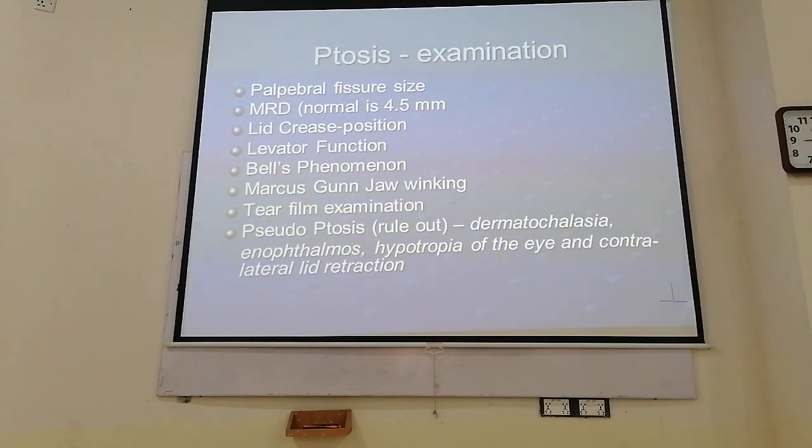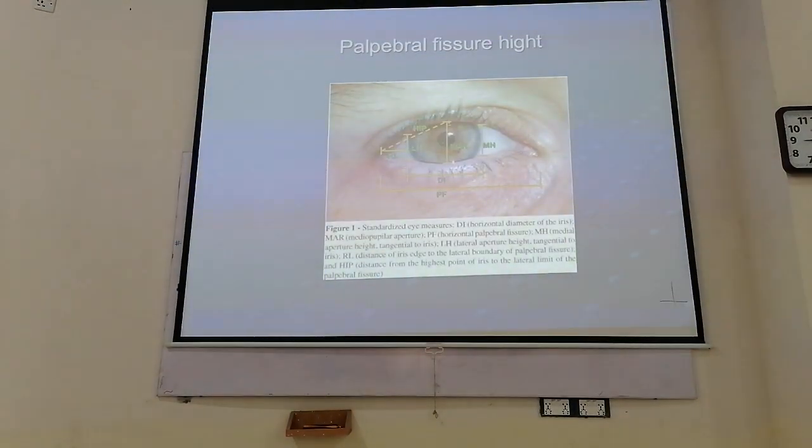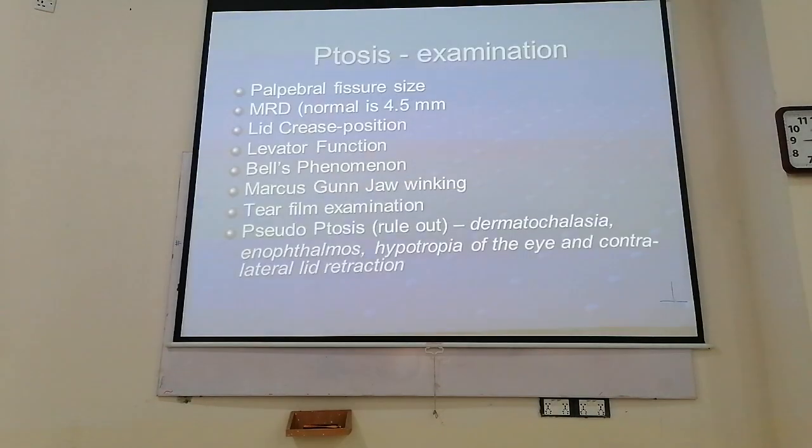What is MRD? MRD is marginal reflex distance. This is palpebral fissure height, the distance between the upper and the lower eyelid. MRD is that when you shine the light onto the cornea of the patient's eye, you will see a reflex of the torch light on the cornea, right?